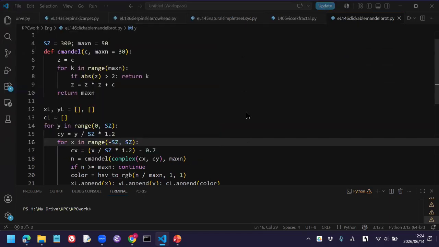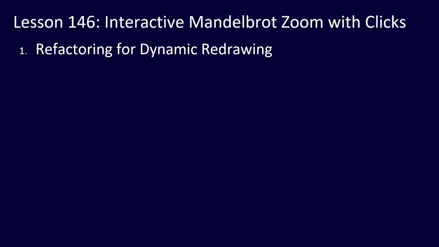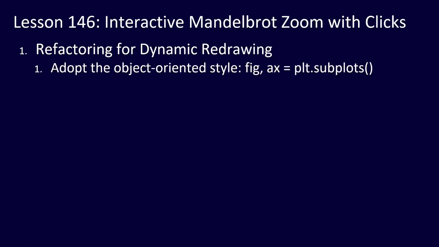So what should we do? First we need to refactor everything for dynamic drawing, because we want to redraw everything. Last time we did it just once, but we want to do redrawing. So first, maybe it's a good idea to adopt an object-oriented style.